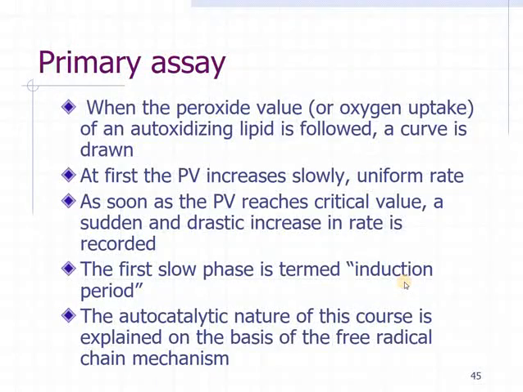Okay, so when the peroxide value of the lipid is followed, there's usually a curve drawn. If we can just go back to the lipid oxidation mechanism, the free radical hydroperoxide mechanism, we had mentioned that stage 2 is what we call the self-propagating step, whereby peroxyl radicals are formed and therefore hydroperoxides are formed later on. That coincides with this curve: at first the PV increases slowly at a uniform rate.